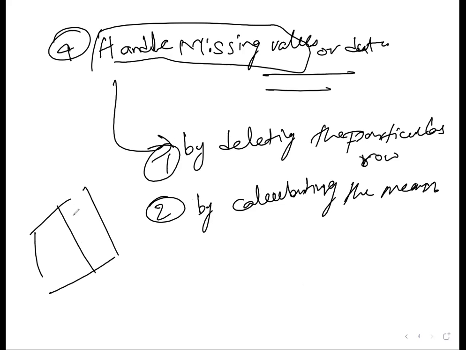So we calculate the mean, median, mode of those values, and we'll put it in the places where missing values are there. Let's suppose this is a missing value. Whatever mean value we have calculated, we will put it down there.